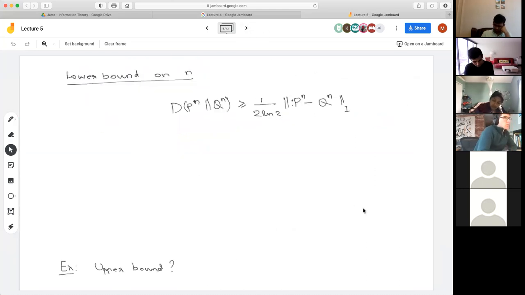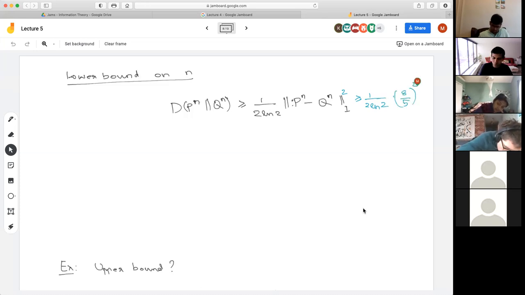And now we can finish the proof just by using the bounds we derived on both sides. So we know that the L1 distance has to be at least, oh, sorry, I forgot a square. It has to be at least 8/5 square, some constant.